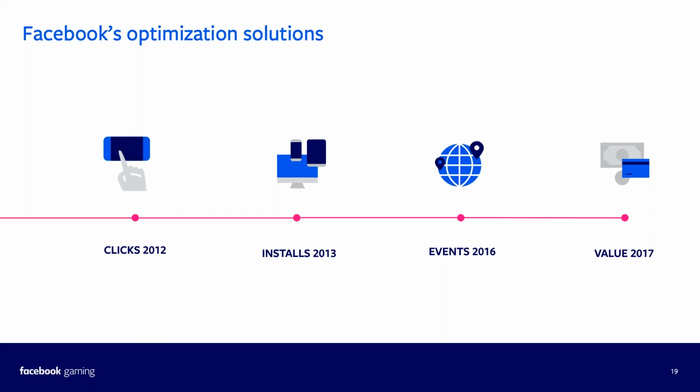In 2016, we had a very powerful addition to our optimization solutions by identifying user intent through app events and SDK, like app launch, level up, purchase, and more. So you can start optimizing towards post-install events. And in 2017 and 2018, we fully rolled out our very successful value optimization solution to help advertisers maximize users' value and return on ad investment.